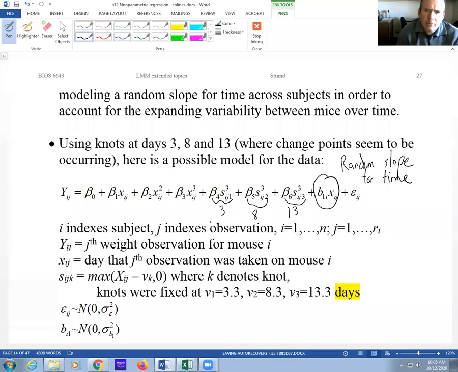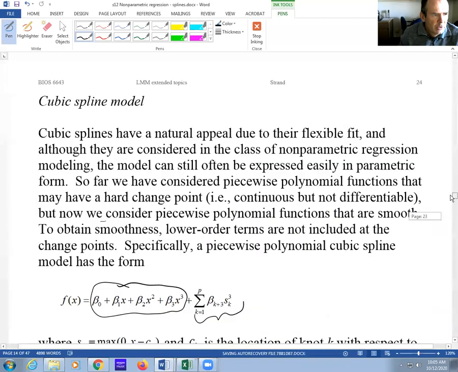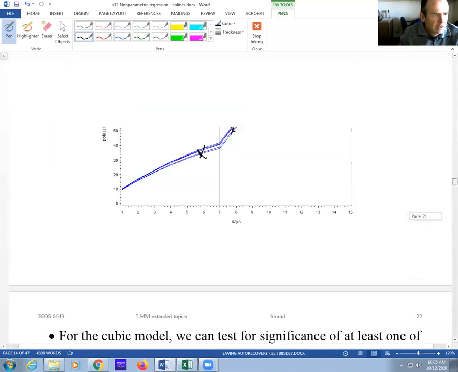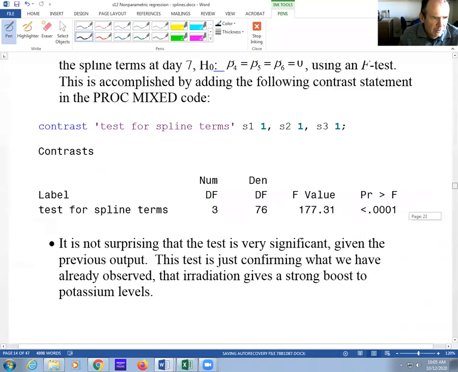I think you could, but I think there's some difficulty. That's an excellent question. Even the potassium data suggested that maybe a straight line would be good initially, and you could try to, again, for piecewise regression, it's not as big of an issue.